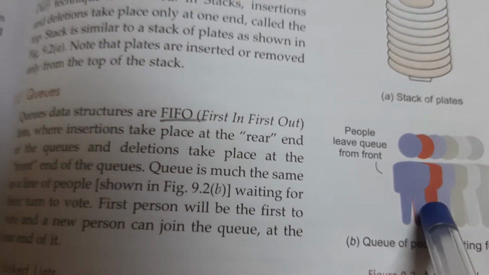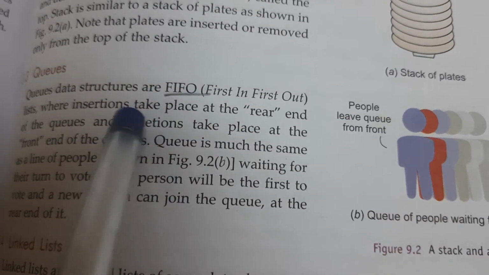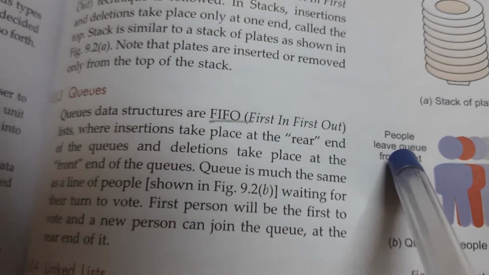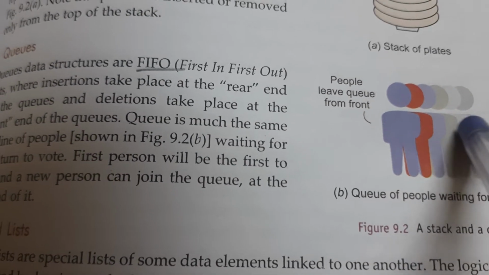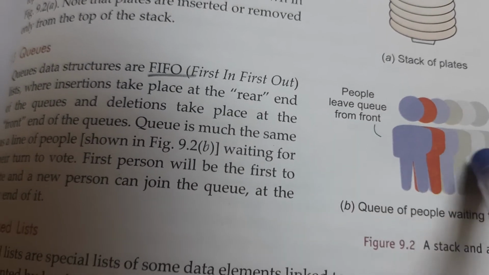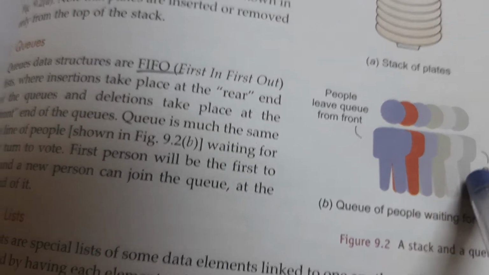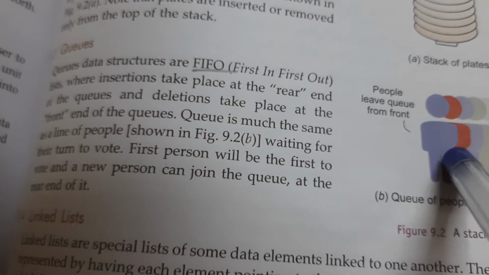Look at the diagram, and he will go out first. So first in, first out. But Roshan is standing last, so suppose 6 are standing in the queue, Roshan has to go only as the 6th student.